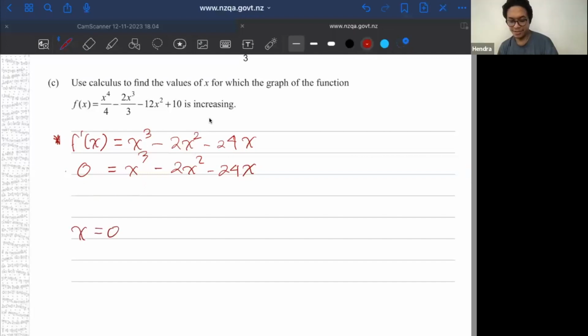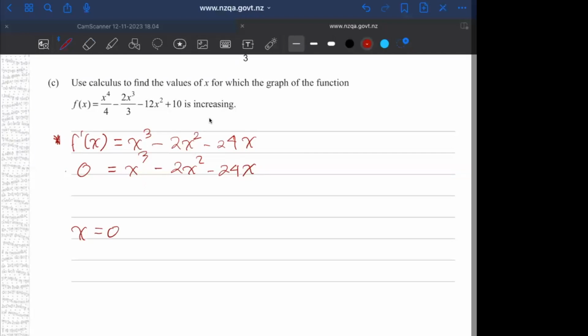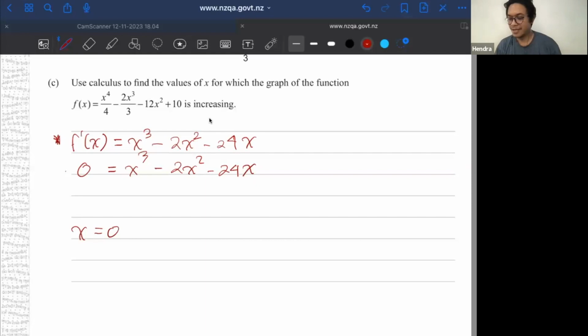How do you do that? I'm not sure. Okay, let's do this. You can divide everything by x, right? So 0 equals x squared minus 2x minus 24.